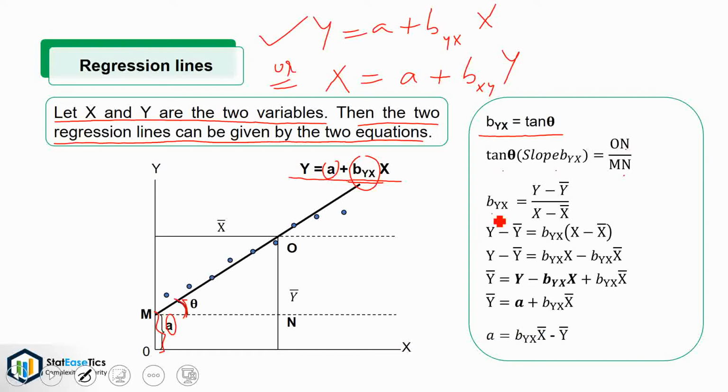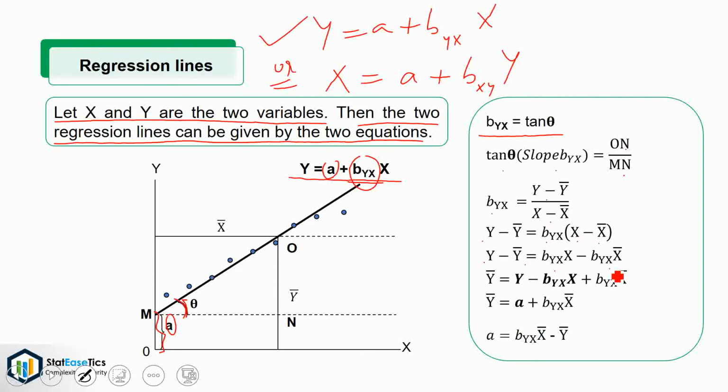Thus byx is equal to y minus y bar upon x minus x bar. Hence y minus y bar is equal to byx into x minus x bar. Solving the bracket, we get y minus y bar is equal to byx into x minus byx into x bar.